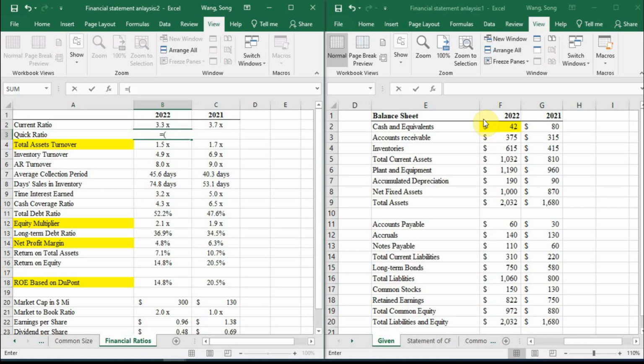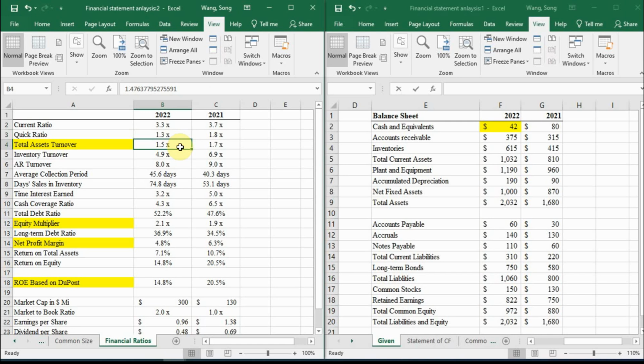So within the current assets, you have a cash, account receivable, and the inventory. And the numerator of the quick ratio is current assets excluding inventories, which means only cash and accounts receivable left. So you can just simply put a cash plus accounts receivable as a numerator divided by the same denominator of current liabilities. You will get the same result. You can drag it now, or you can drag it later to the right for the previous year.